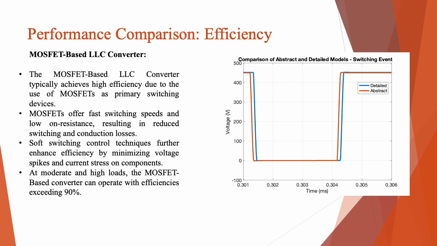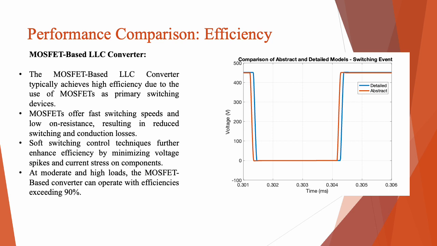So this is the performance comparison for efficiency. The MOSFET based LLC converter typically achieves high efficiency due to the use of MOSFET as the primary switching device, as compared to the piecewise or the abstract switching device. As seen in the graph, the difference is not much.